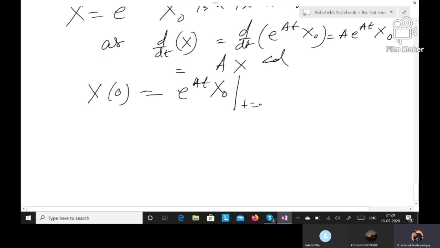So at t equal to 0, just put 0 in the expression of e to the power At. What we shall get is the identity matrix. So it is I X naught, that is X naught.